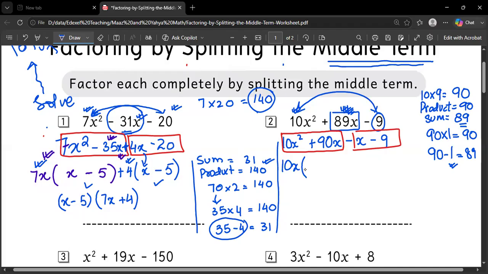And then what should I write here? To get 10x square back when it gets multiplied with 10x, you have to write x only, because one x is already taken common.